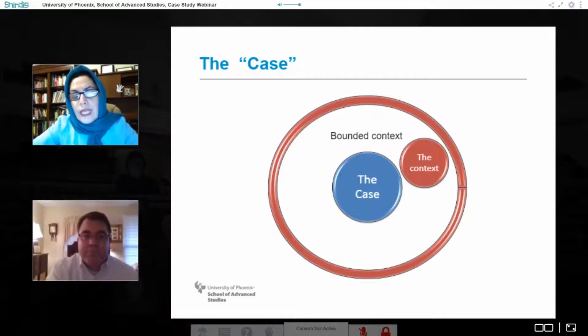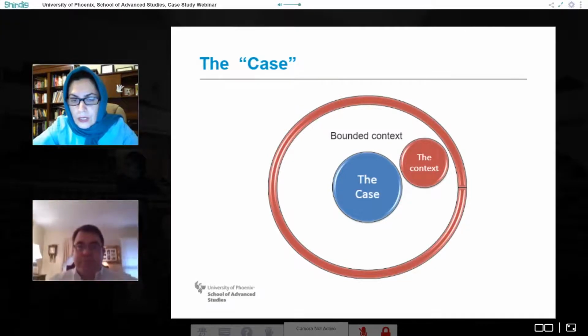So we need to clearly define our high school and have a boundary around it. Our context is the high school, and the students in that particular school are our case in our study. So those students should be specifically identified in advance, and we should know who they are. Those are our case, and our school is our context.